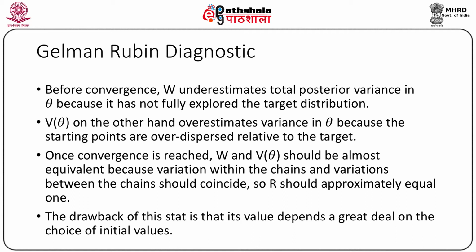Once convergence is reached, W and V hat theta should be almost equivalent because variation within the chains and variation between the chains should coincide. So R should be approximately equal to 1. The drawback of this statistic is that its value depends a great deal on the choice of initial values.